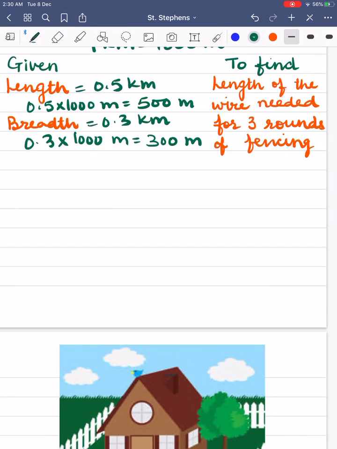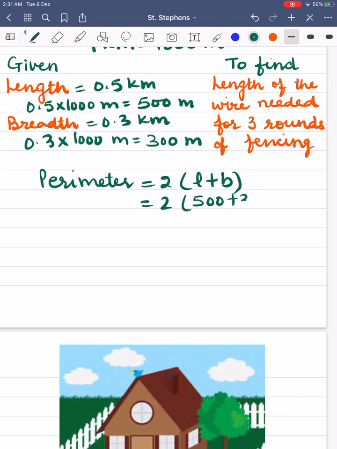Now to find out how much wire is needed for 1 round of fencing, we need to find out the perimeter. So perimeter is equal to twice of (length plus breadth). So we have twice of (500 plus 300). So we get twice of 800, which is equal to 1600 meters.